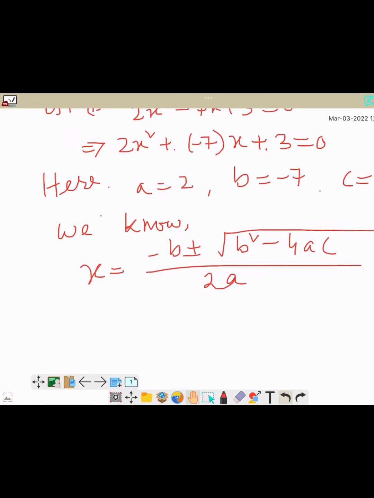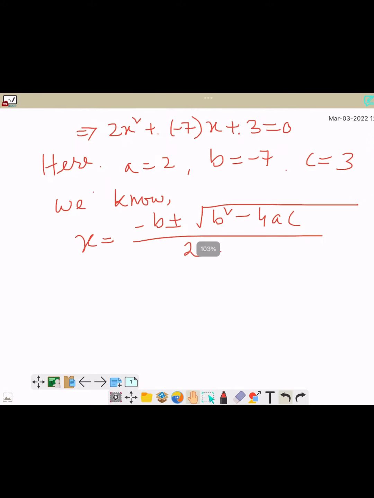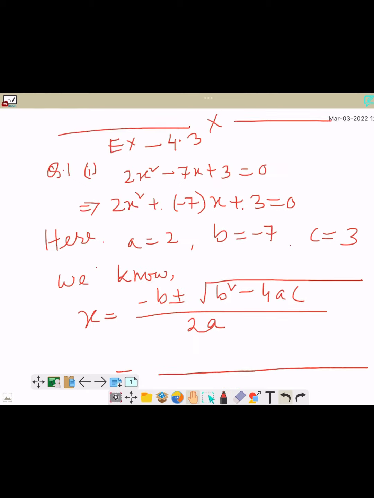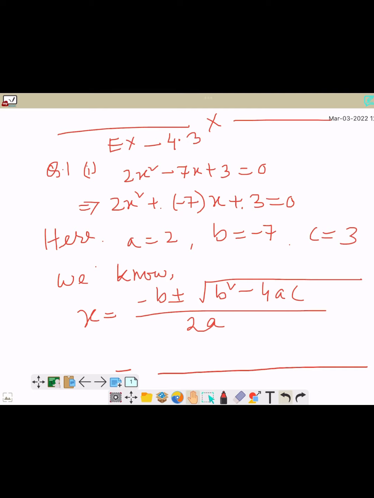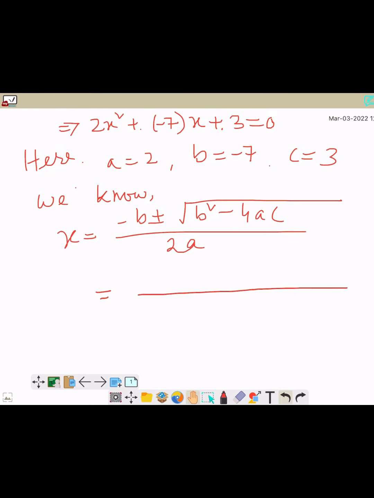Now we can put the values of a, b, c for this particular problem in this formula. We have found a is 2, b is minus 7, c is equal to 3.